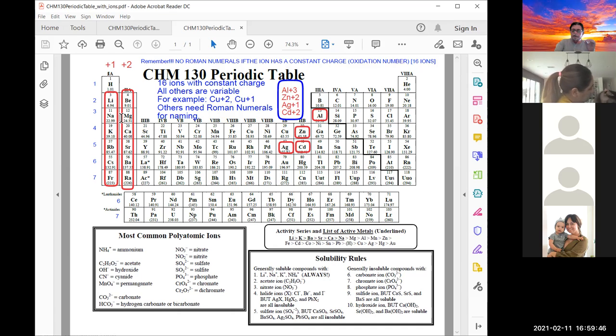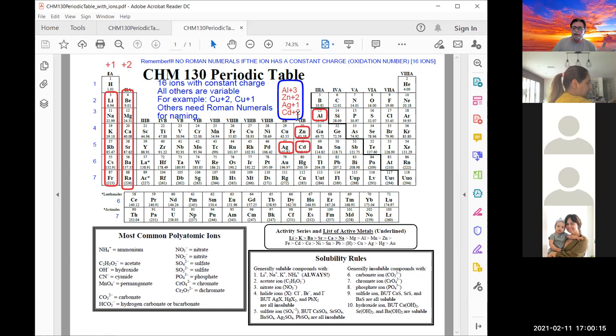On top of that, we have these other metals, which I put in blue here: aluminum, zinc, silver, and cadmium. Aluminum, 100% of the time, will always have a +3. Zinc will always have a +2. Silver will always have a +1.